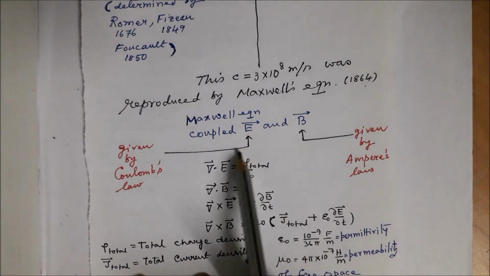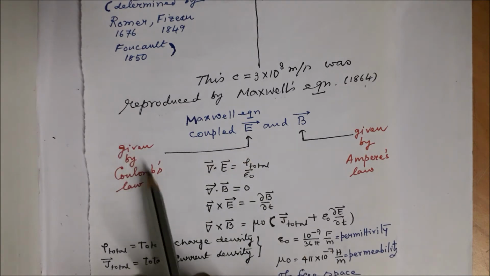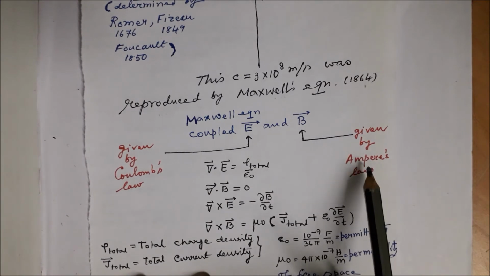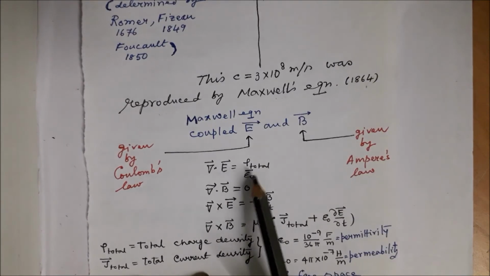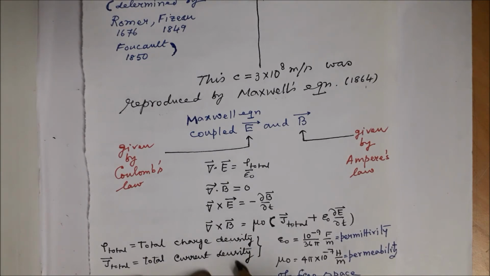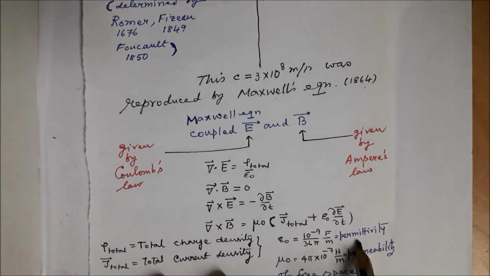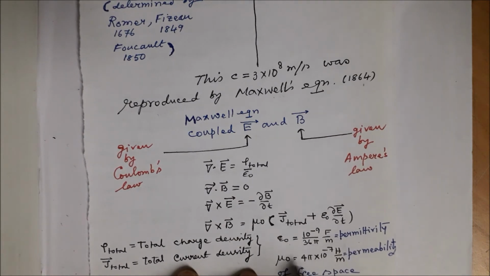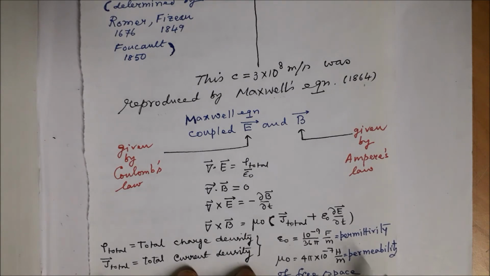This E was given by Coulomb's law and B by Ampere's law. Here rho total is the total charge density, J total is the total current density, and very importantly there are two constants, epsilon 0 being the permittivity of free space and mu 0 being the permeability of free space.